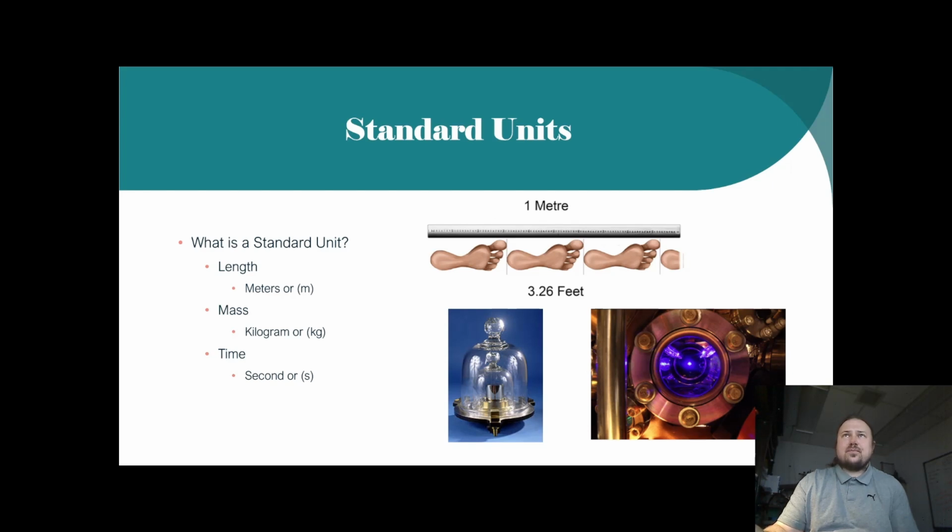It's a little over 9 billion vibrations of the radiation of a cesium-133 atom to give you a second. These can be measured and recorded. We're again working on something a little more precise, but the atomic clock is very accurate to the second.